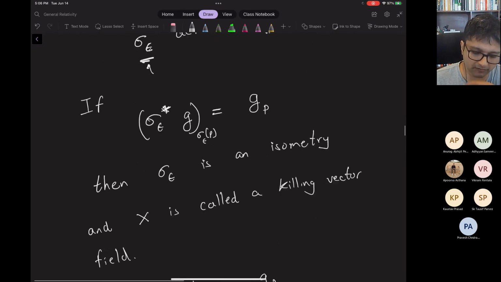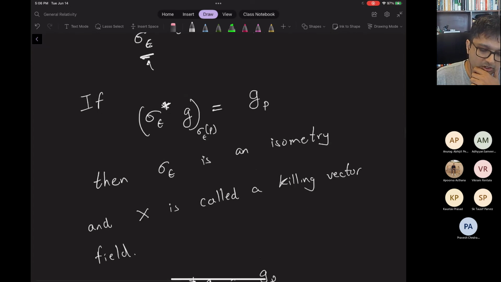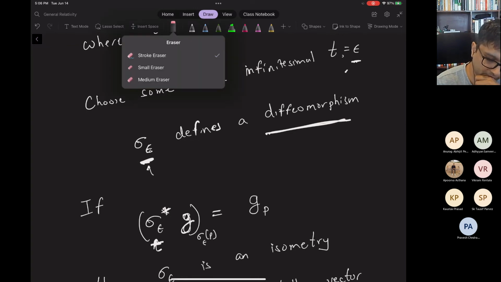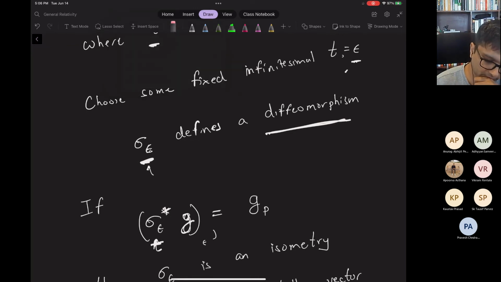Okay, so let's go over that more slowly. If this diffeomorphism, sigma epsilon, generates a unique pullback map on g. The point p, after the diffeomorphism, becomes sigma epsilon of p.